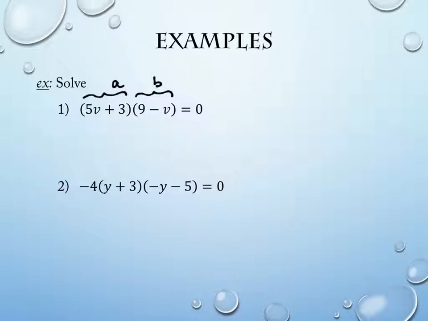So what that tells me is that either the A, which is the first set of parentheses, or the B, which is the second set of parentheses, must be equal to 0. Therefore, we can set up two different equations: the thing in the parentheses that I called A could be 0, or the thing in the parentheses that I called B could be 0.